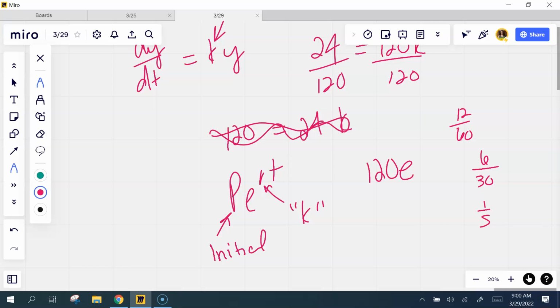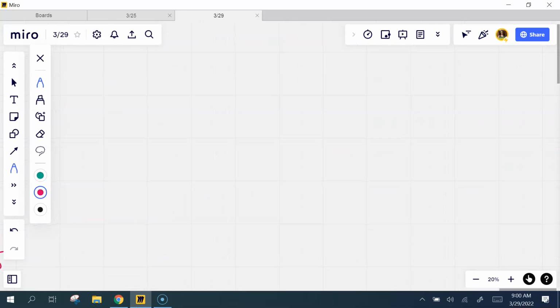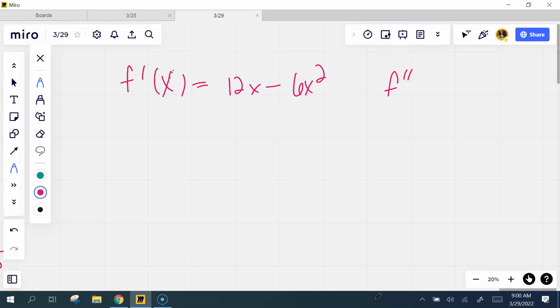16 was very straightforward, but you had to understand this wanted you to do the derivatives, and they were very easy derivatives. The first derivative was 12x minus 3 times 2, 6x squared. That's where you find your zero.